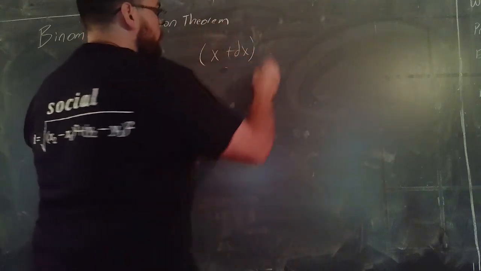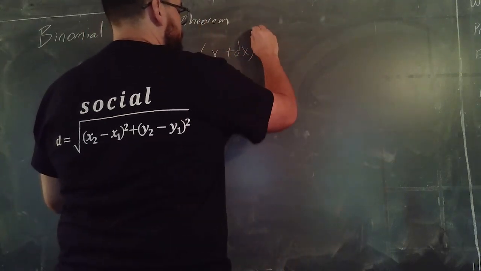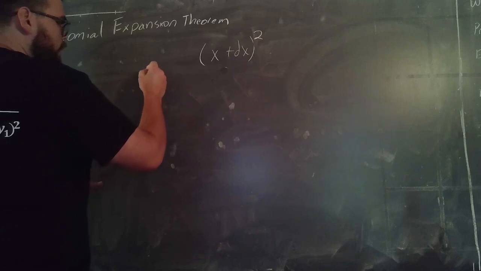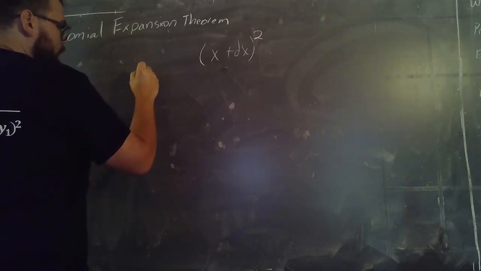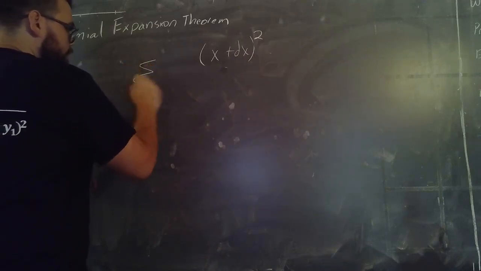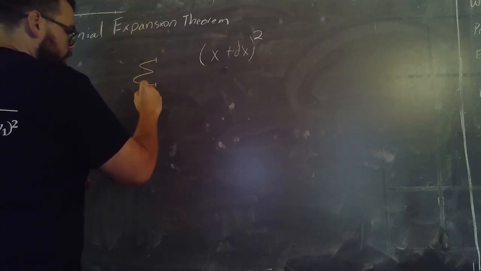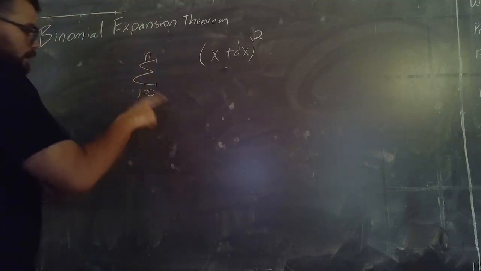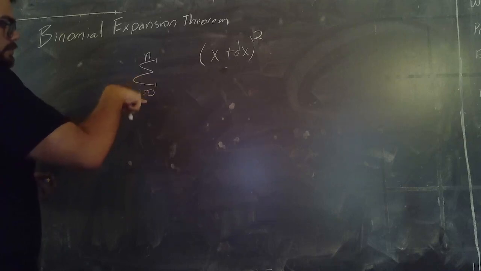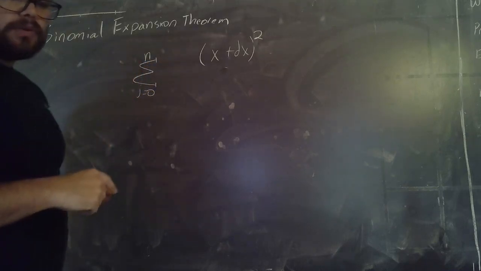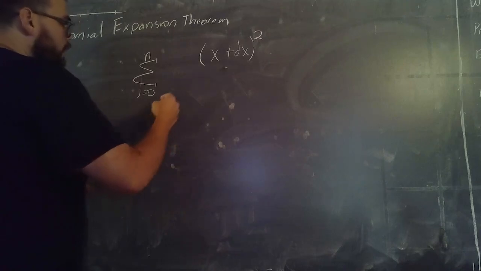go over what we know as the theorem. So the theorem states that we have the summation of a number that starts at 0, a position that starts at 0 and goes to what we know as the exponent.